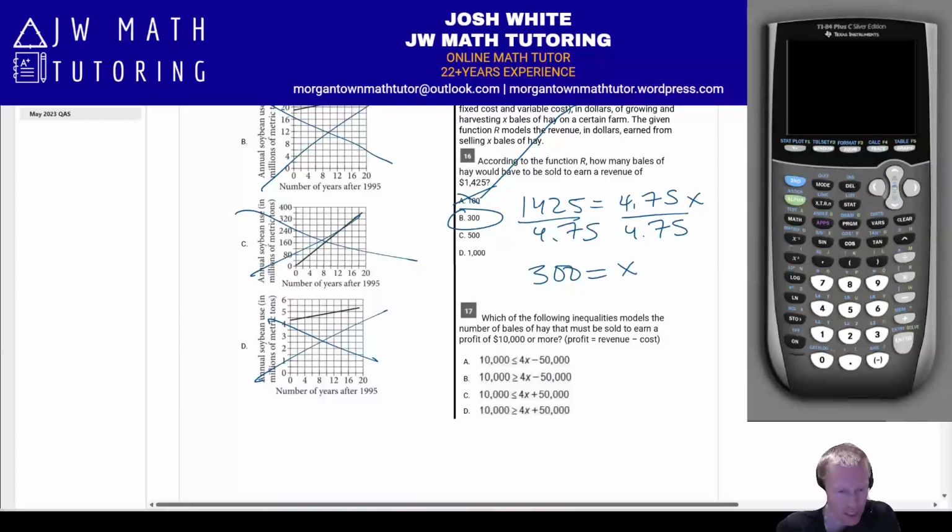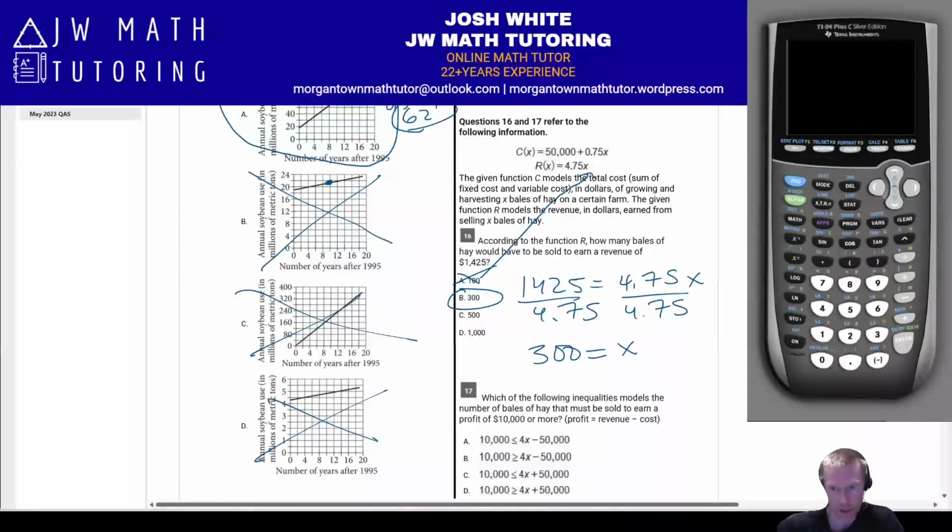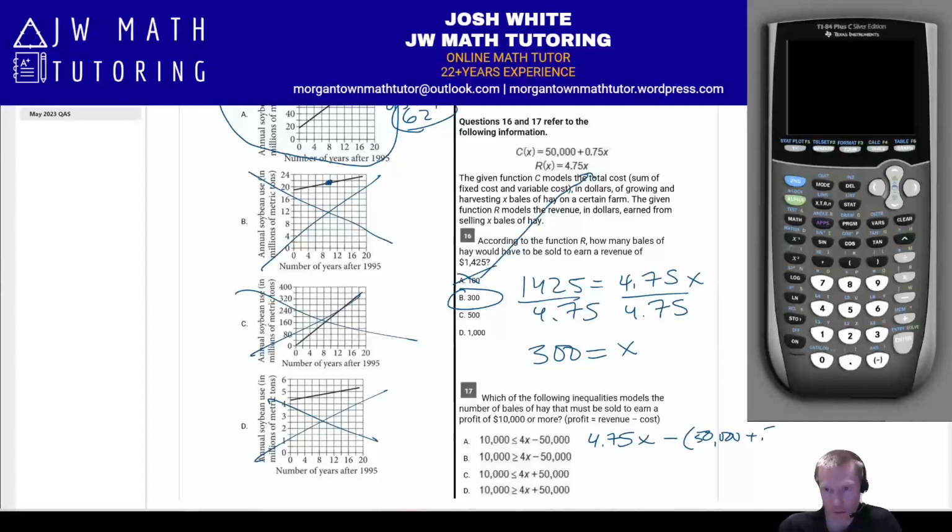All right, now for 17, for the profit function: how many must be sold to earn a profit of 10,000 or more? And they tell you here profit is revenue minus cost. So basically, you take the two equations here and subtract them. So we have 4.75x, that's the revenue, minus the cost, which is 50,000 plus 0.75x.